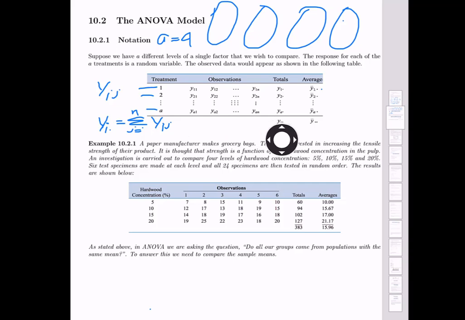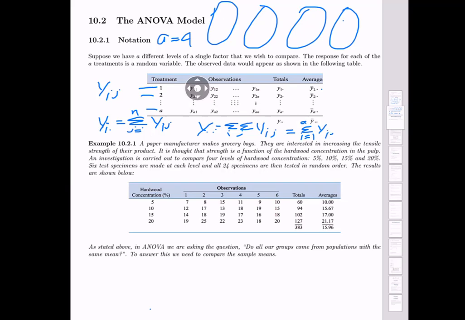So y double dot is what? That is the summation of this column, right? That means, in other words, the summation of each observation. So that is the y double dot. You can write y double dot equals the sum over i and j of yij, or you can write it this way, the sum for i going from 1 to a of yi dot.